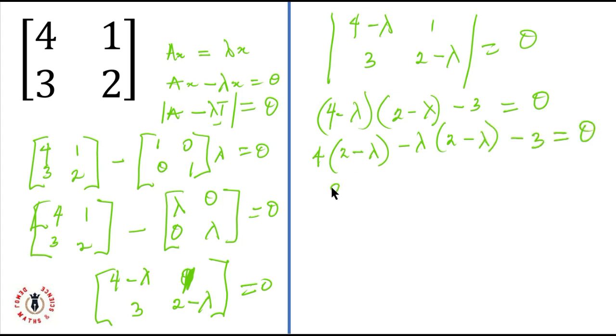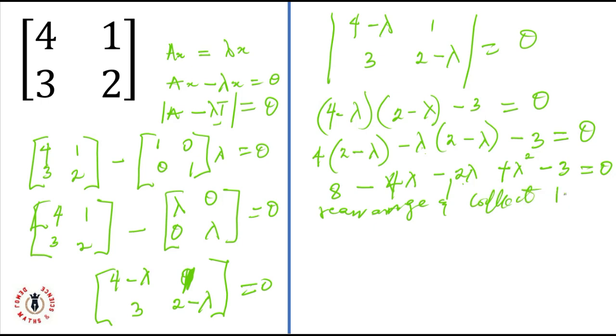So 4 times 2 is 8, minus 4 lambda, minus lambda times 2, that's minus 2 lambda, minus lambda times minus lambda, that's plus lambda squared, minus 3 is equal to 0. Let's rearrange and collect like terms.